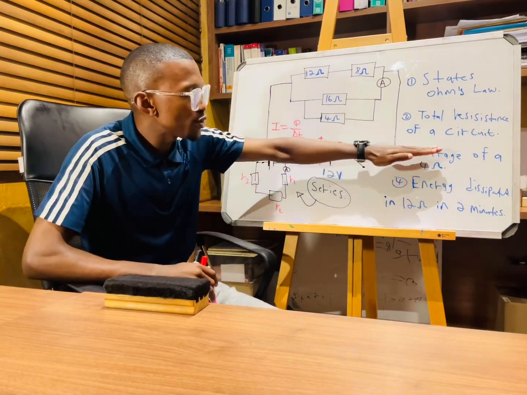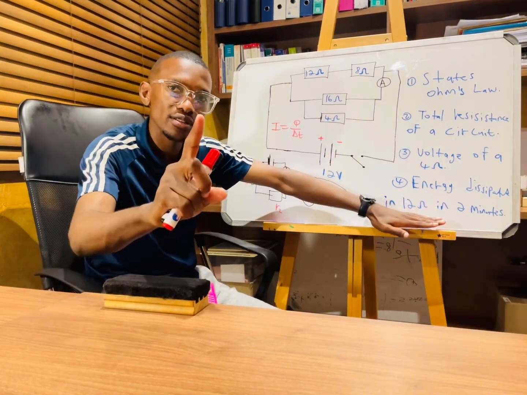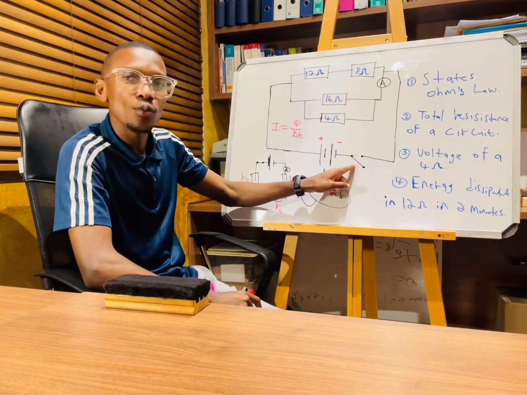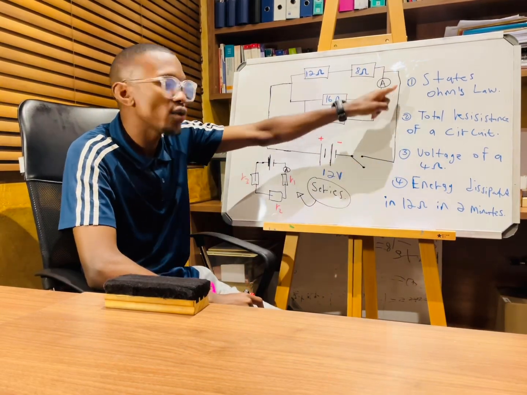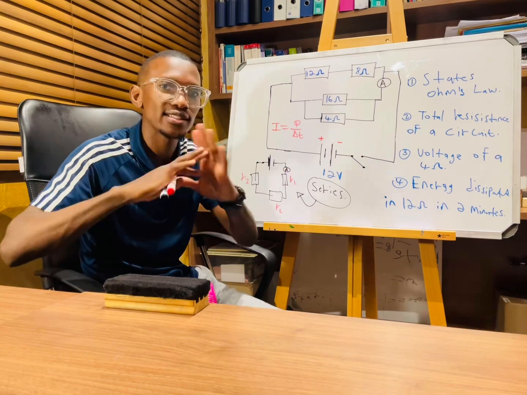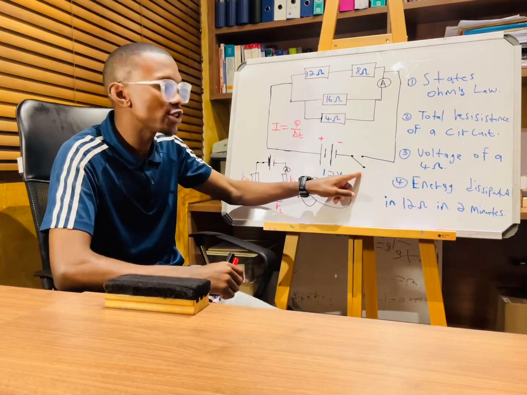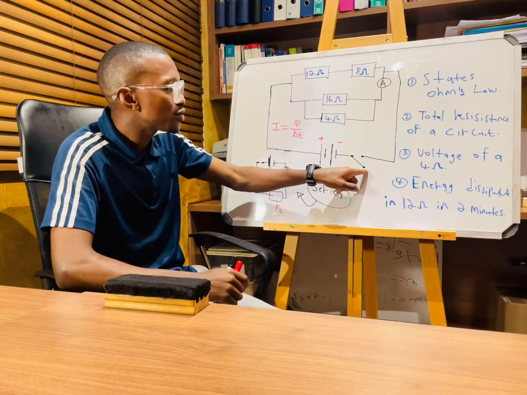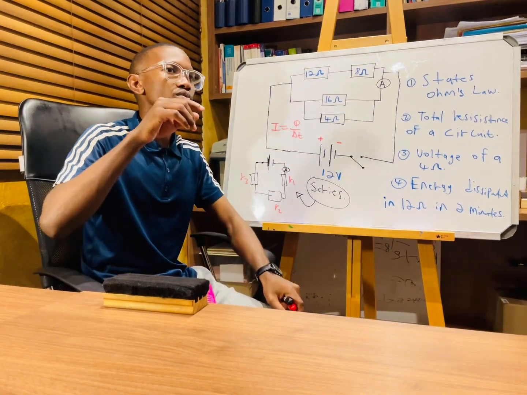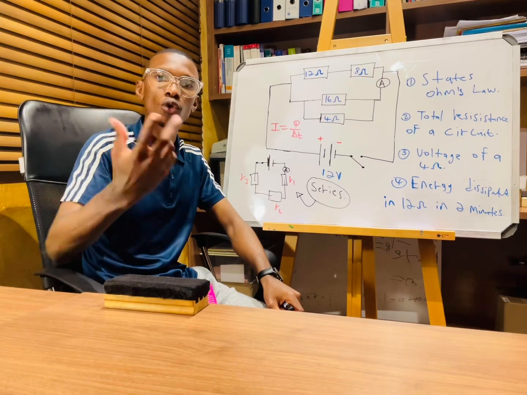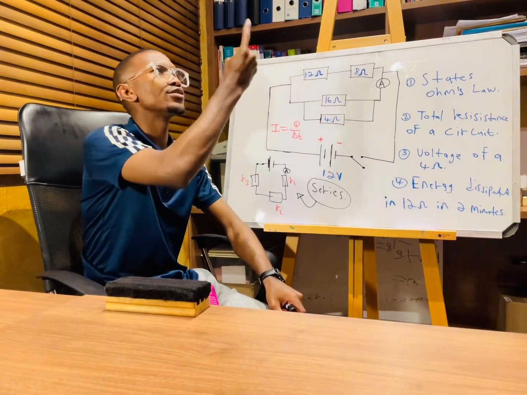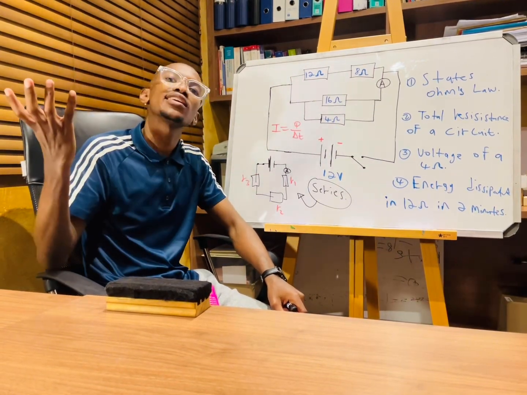When you are doing these calculations, you must consider something. The switch is open, and when the switch is open, there is no current moving. It's like when the switch is off in your home: there are no lights, it's just dark.